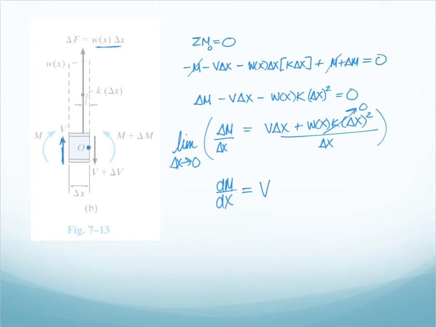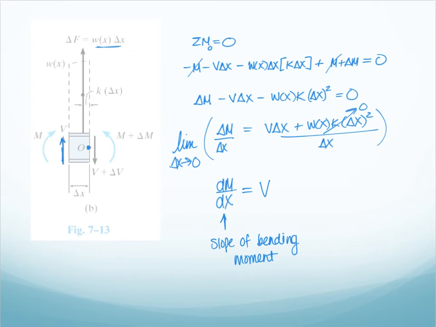When we divide by a delta x, we'll be left with a delta x on top, which is going to make that entire term equal 0. So here what we find is the slope of the bending moment is equal to the shear force value.